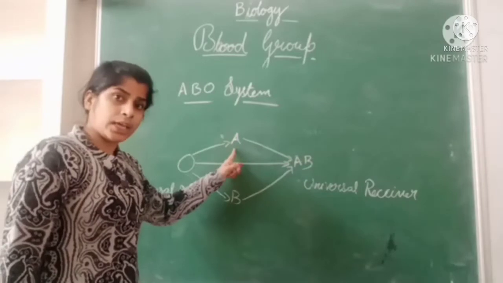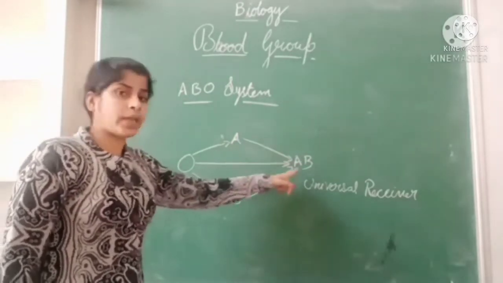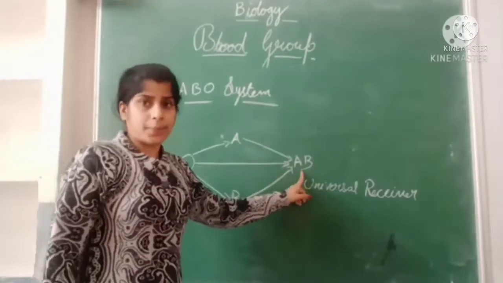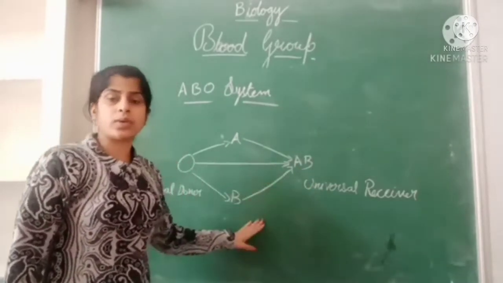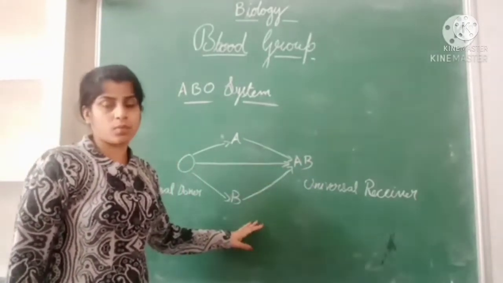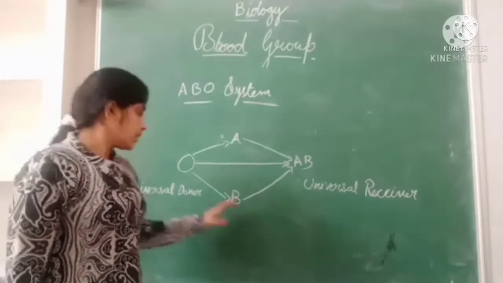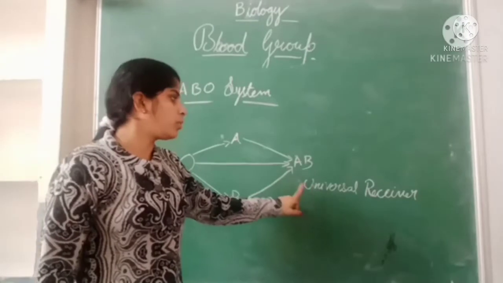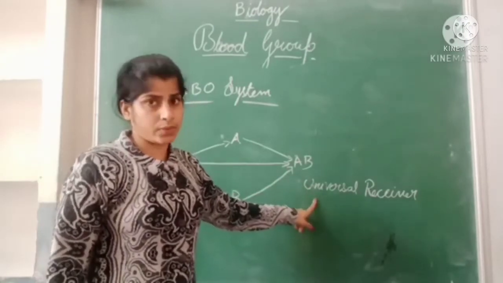In the same way, A group can donate blood to AB group. So this is the ABO system. So O group is a universal donor and AB group is a universal receiver.